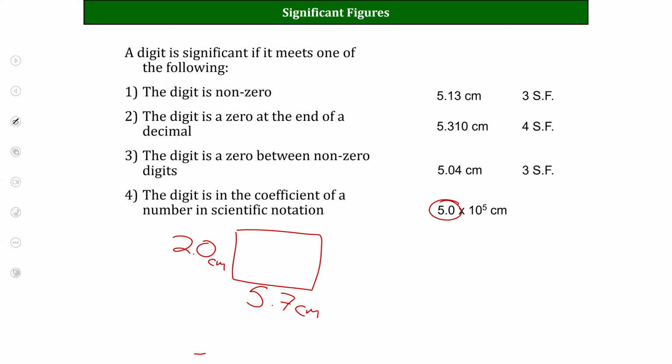When you want to find the area of that box, what's the formula for area of a box? Base times height, length times width. So 2 times 5.7. When you plug that into your calculator, you're going to get 11.4 centimeters squared, I think, if I did my math right in my head.